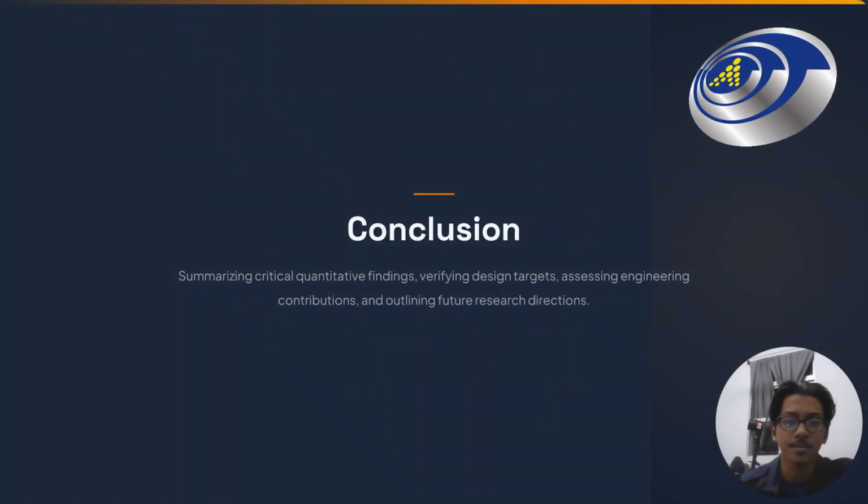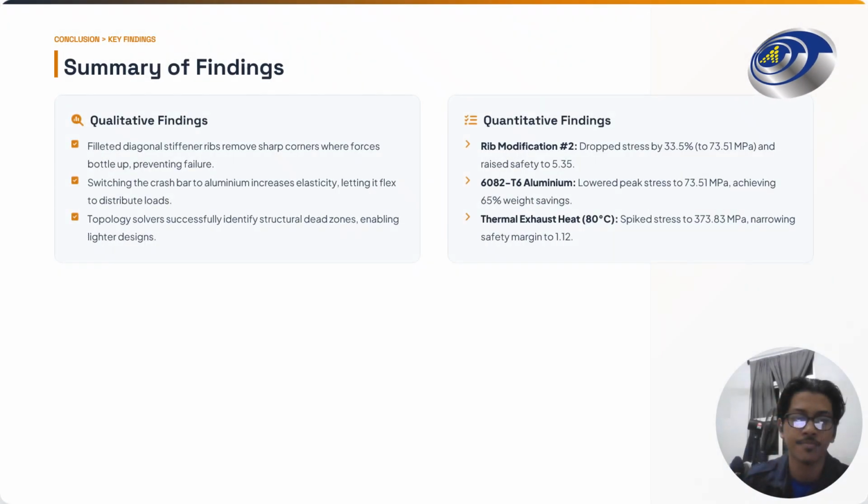In conclusion, we found two types of findings, which are qualitative findings and quantitative findings.